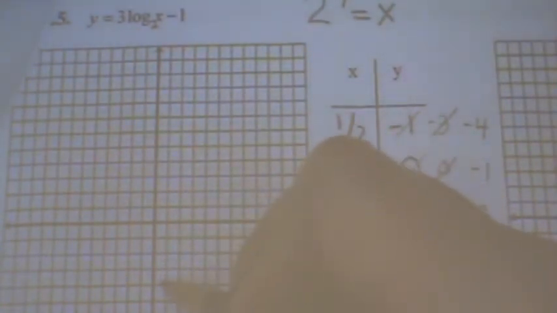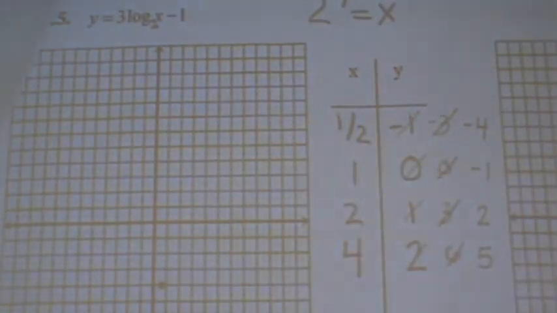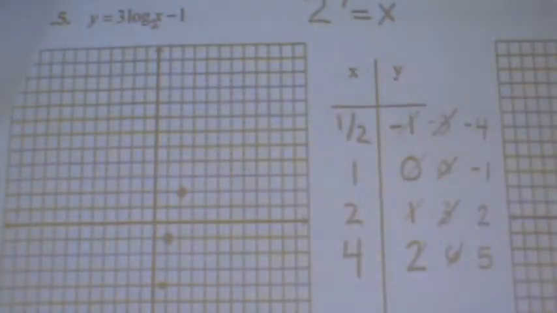Over a half down 4. Over 1 down 1. Over 2 up 2. And over 4 up 5. So what happened is, we stretched this graph vertically by 3 and we shifted it 1 unit down.